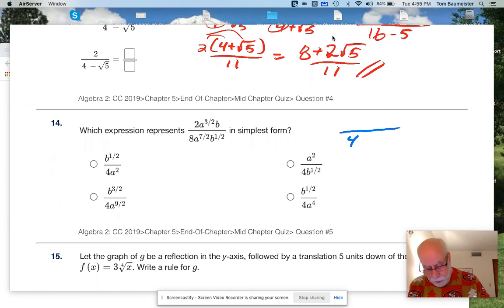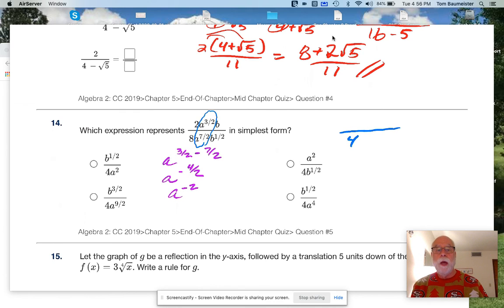And then remember, after that, when the bases are the same and I am dividing, I subtract the exponents. So on that one, we're going to take a to the 3 halves minus 7 halves, which will give us a to the negative 3 minus 7 is negative 4 halves, or a raised to the negative 2 power.